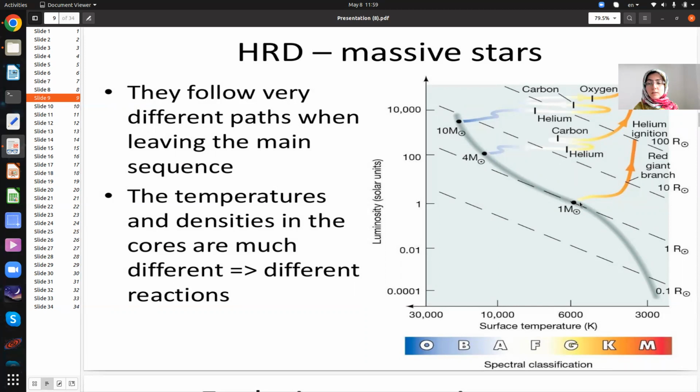If it has 1 solar mass, it becomes a red giant branch star, and then helium ignition, the helium flash. And you see different types of spectra and different kinds of mass, luminosity and temperature. For example, this one is so hot and has high luminosity.